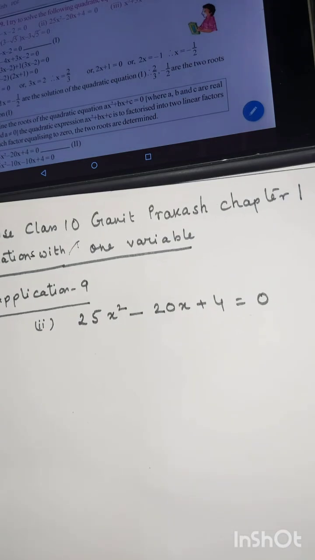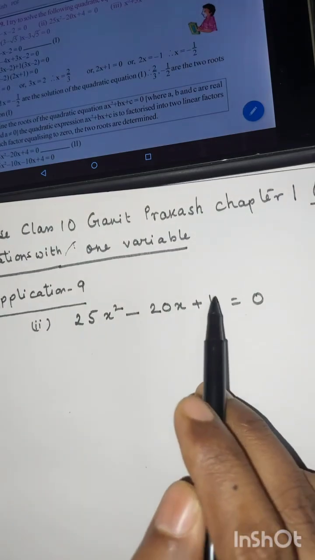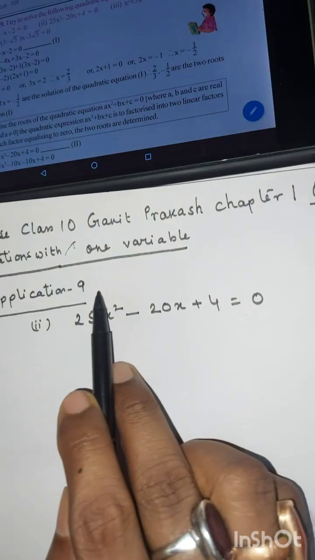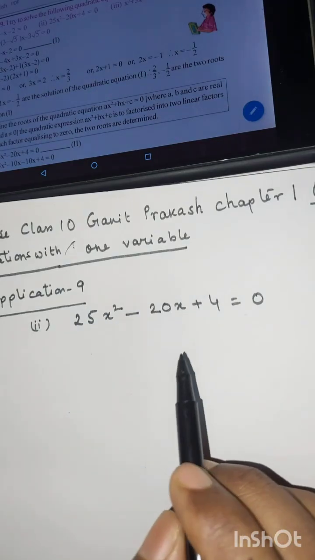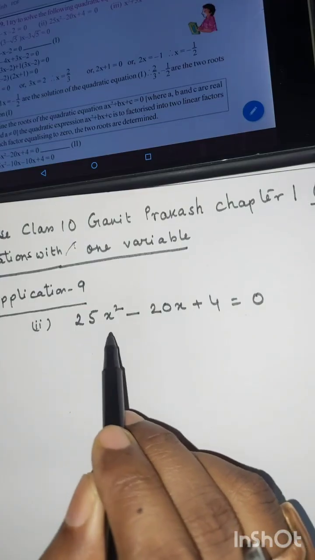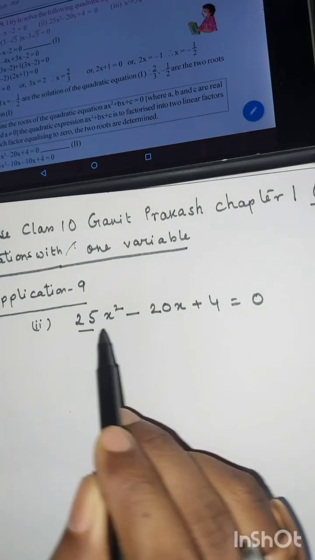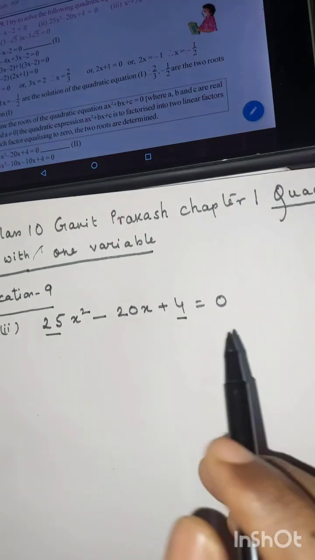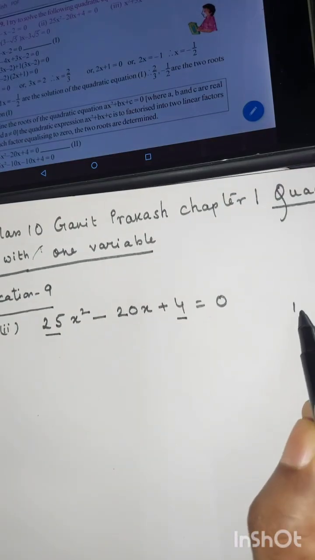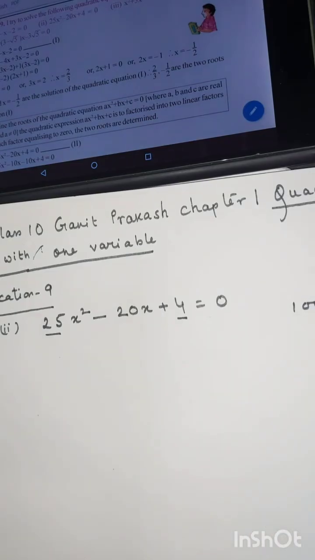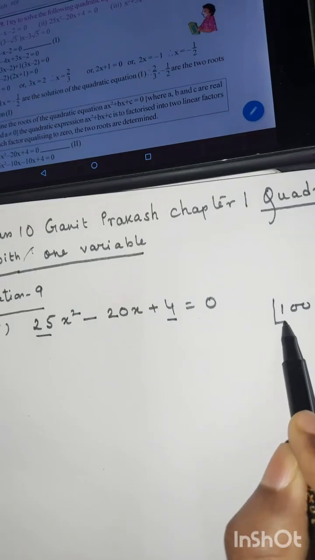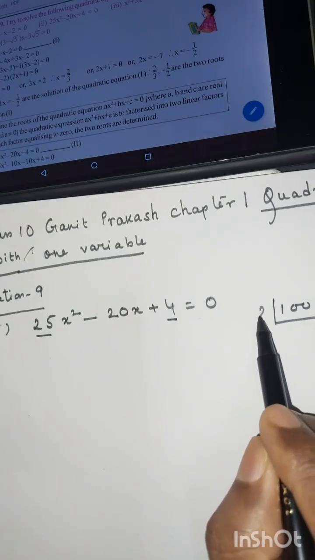We know to factorize the expression, the left side of this equation, first we need to multiply the coefficient of x square and the constant. When we multiply it, we get 100, and we need to prime factorize 100.